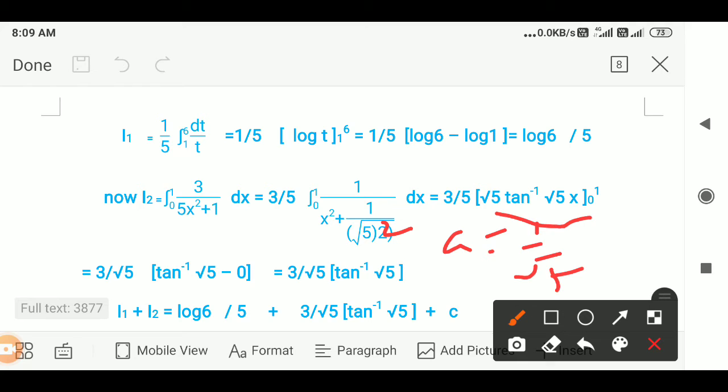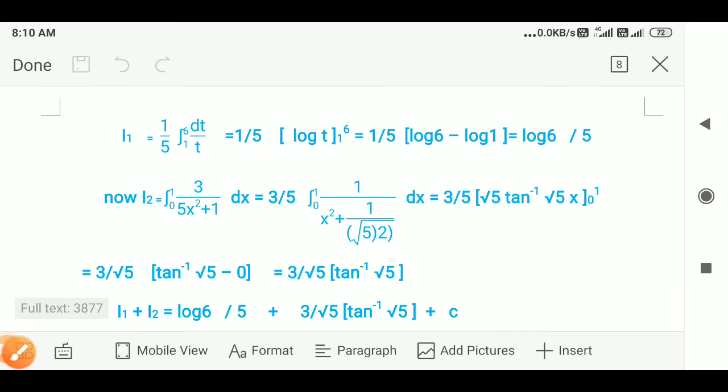Now put the values as 1 and 0 in place of x. Taking root 5 common, we get 3 upon 5 and root 5, so we get 3 upon root 5. Thus result is 3 upon root 5 tan inverse root 5 minus 0. So 3 upon root 5 tan inverse root 5.